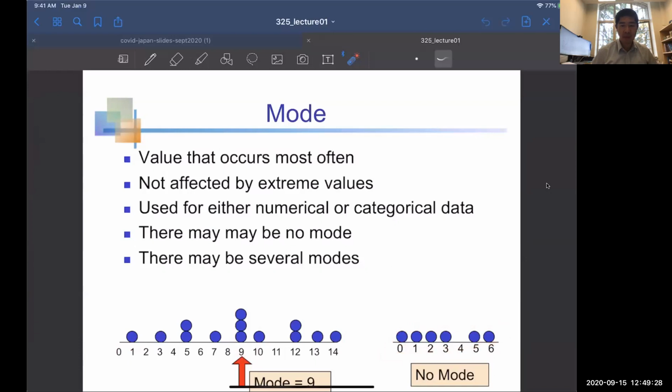In this case you can say there's no mode, or you can say all values are modes. If you have more than two, you can say both are modes.